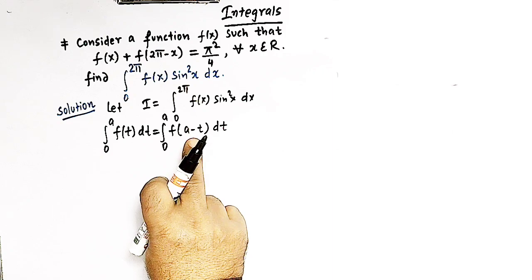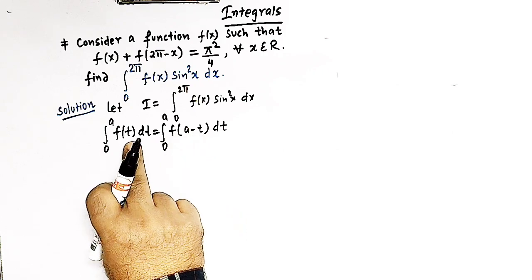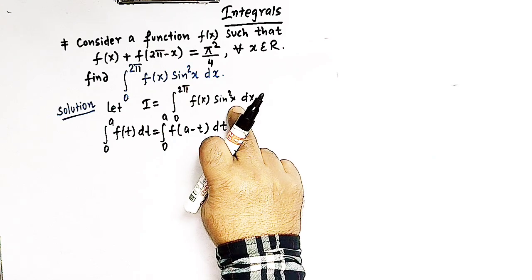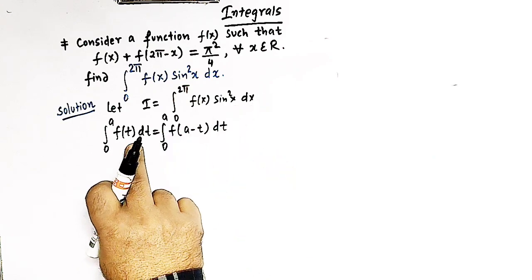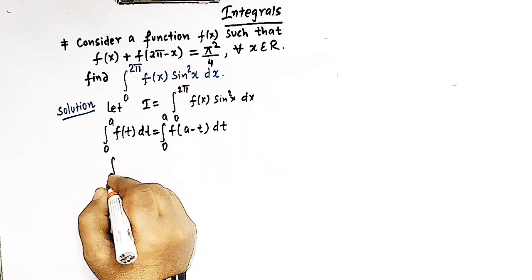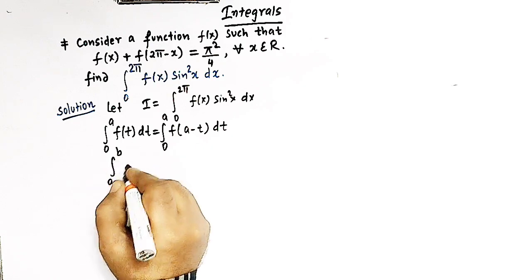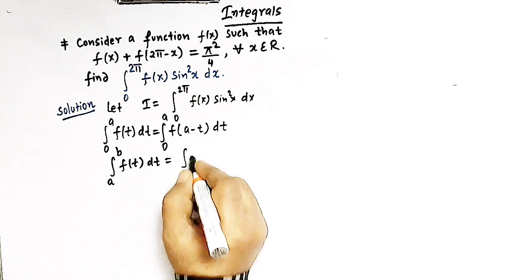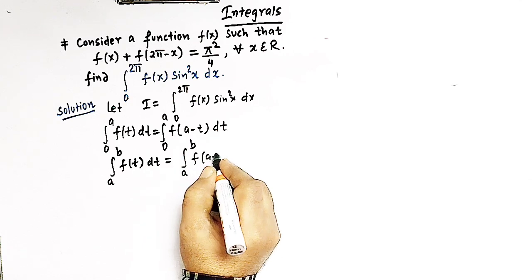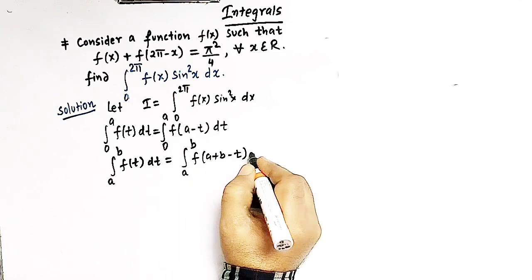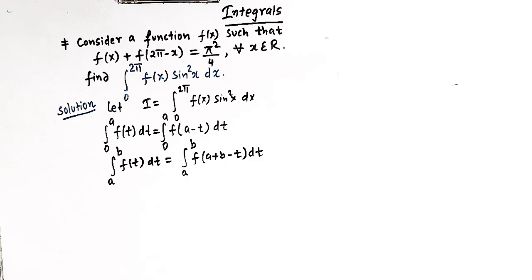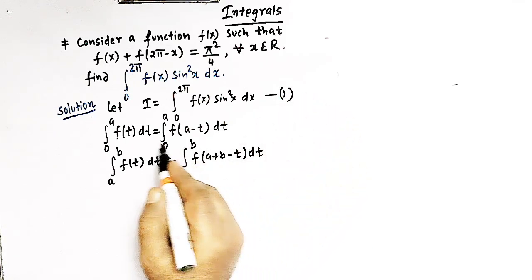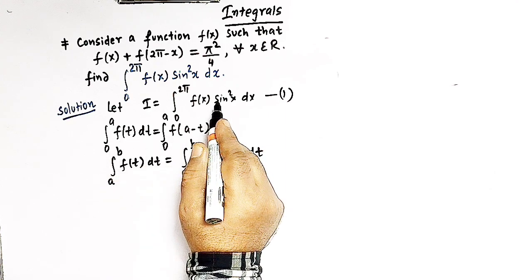This is an important property which can be utilized in this integral, because it is a particular case of the property that integral a to b of f of t dt is equal to integral a to b of f of a plus b minus t dt. Let us call this integral number 1, and let us apply this property to it.